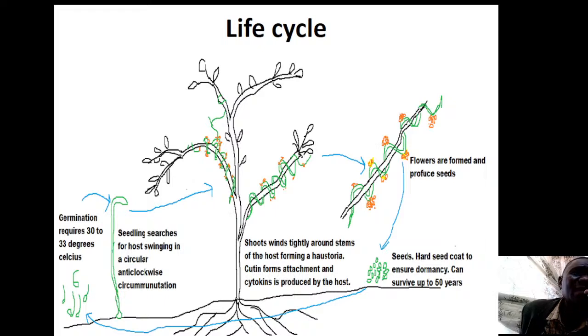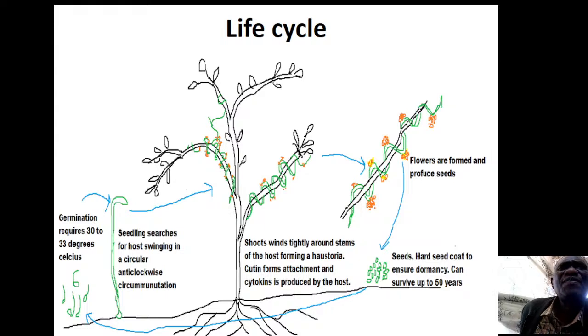Then it is going to grow around the stems of its host, forming contacts. At these contact points, it forms haustoria. This is where it can abstract nutrients and water from its host.